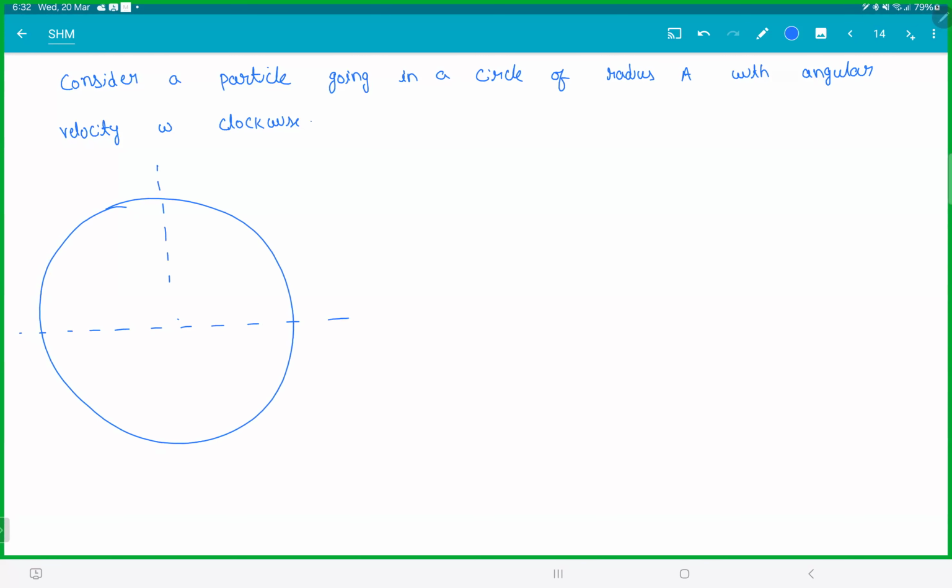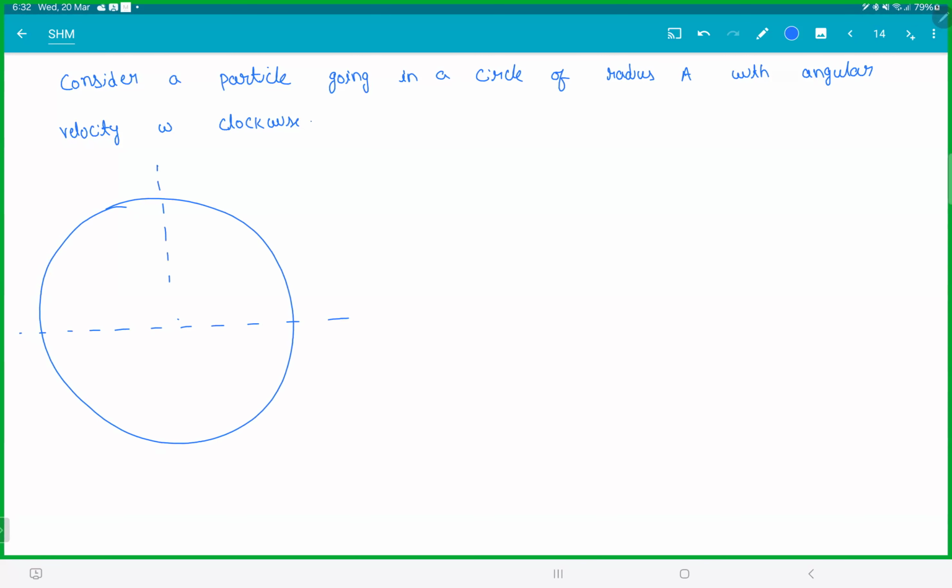And this is where the particle is. Now for this particle, if you drop a shadow, the foot of the perpendicular, this length, that is omega t plus phi. So this is also omega t plus phi. This length will be a sine omega t plus phi. And if you look at the time period for one revolution, it's 2 pi by angular velocity. That's the relation between omega and t.